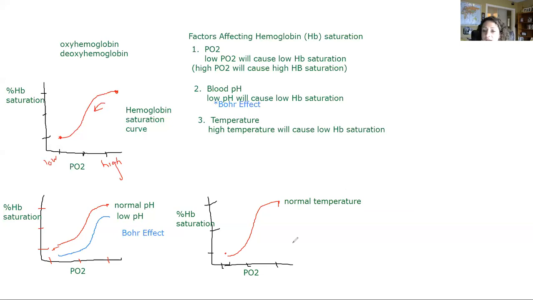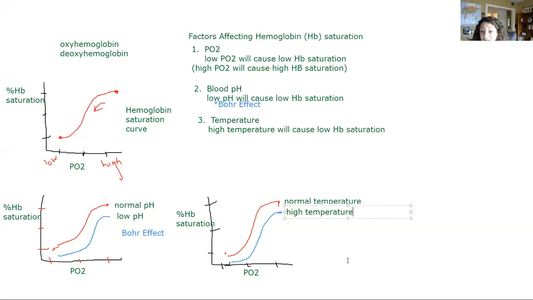Will the curve for high temperature be above or below the curve for normal temperature? Below. Below, because as we move down on the y-axis, saturation is lower. So higher temperature will cause lower saturation. So this is going to be high temperature.